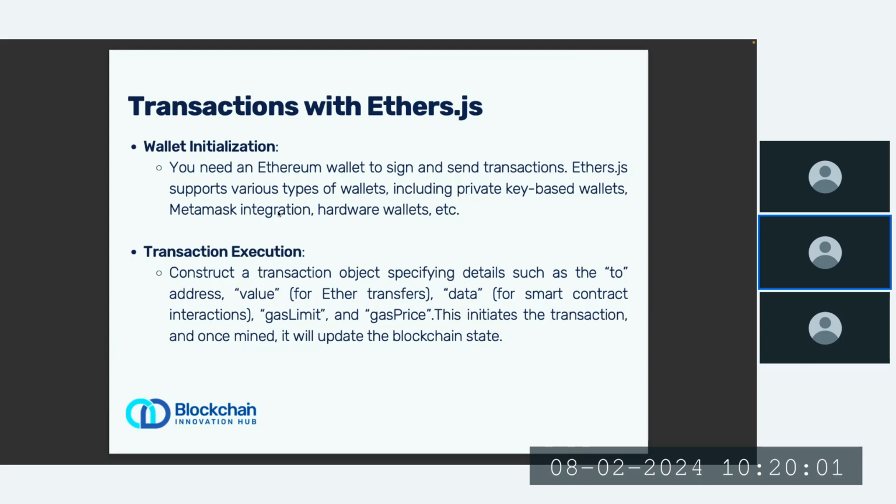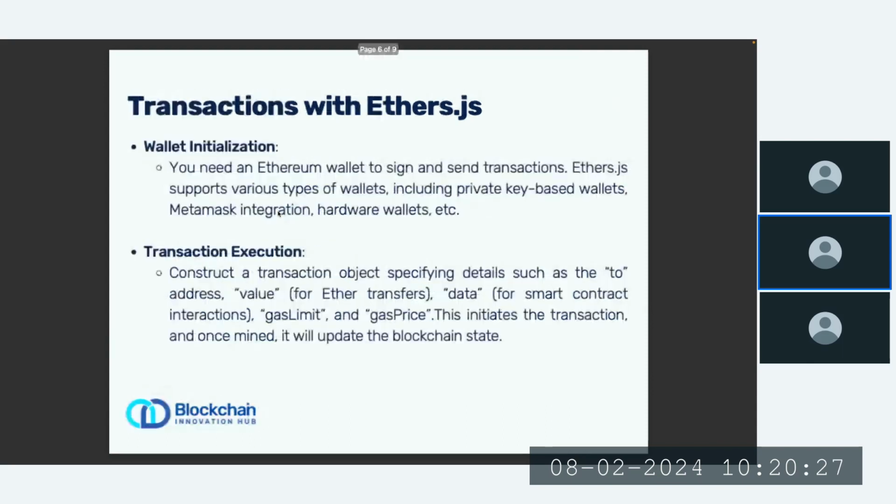So you need to initialize your wallet. And then lastly, you can construct a transaction object specifying details such as the to address and the value, data, gas limit, and gas price. Once this transaction is initiated and mined, it updates the blockchain state.